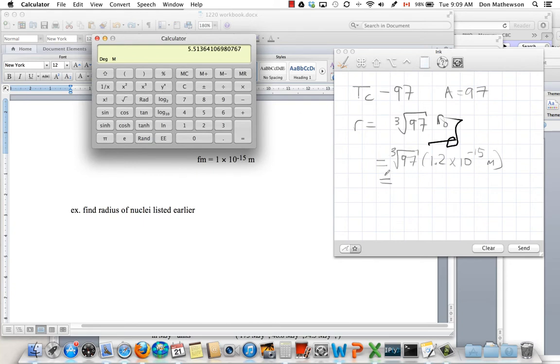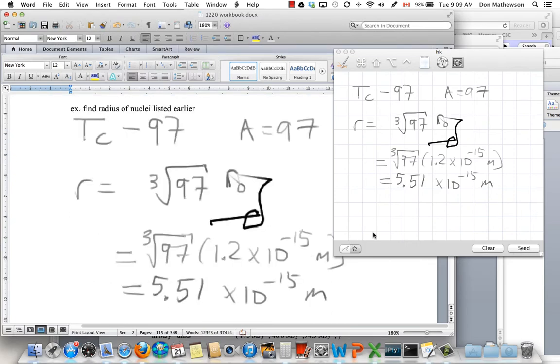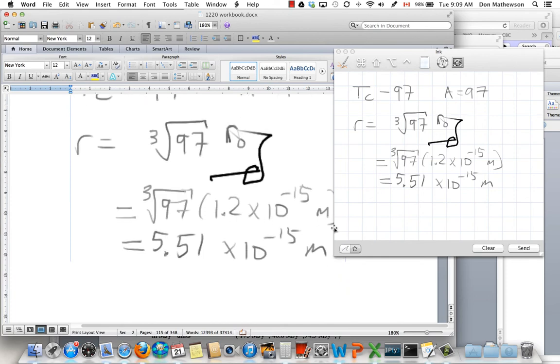So the answer works out to be 5.51 times 10 to the minus 15 meters, or 5.51 Fermis. Okay, so that is the radius of Tech 97.